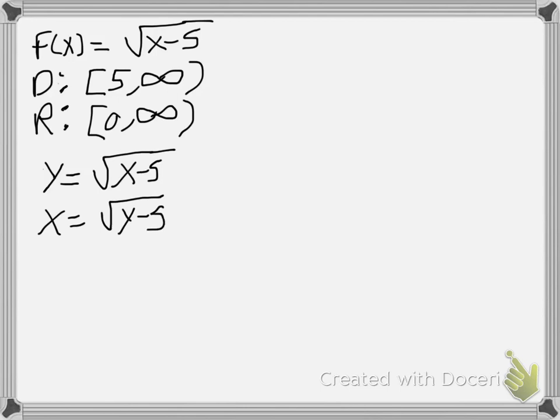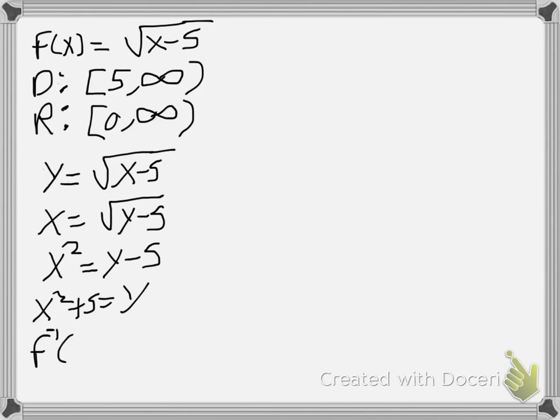Now, how do I solve for y? I have to square it, so x squared equals y minus 5. So x squared plus 5 equals y, or the inverse of x equals x squared plus 5.